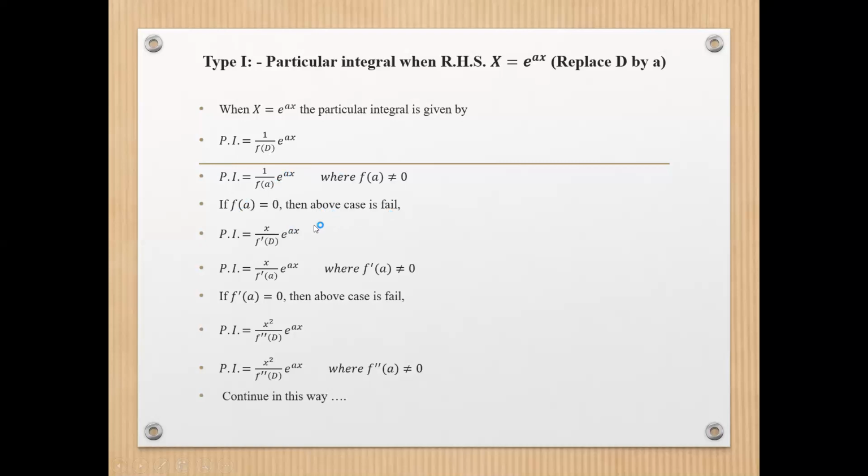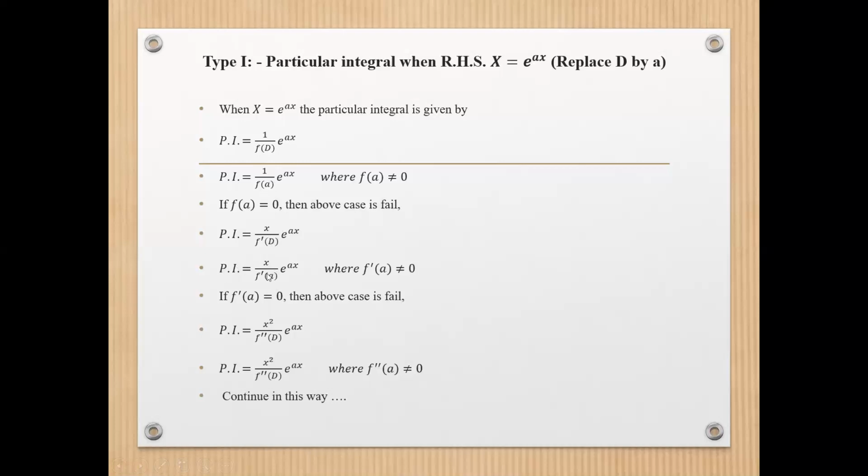We have to write the next step as PI is equal to x upon f dash of D into e raised to ax. Here x is an independent variable, and we have to find the derivative of f of D with respect to D. That's why it is written f dash of D. Now we have to do the same thing here also: replace D by a.